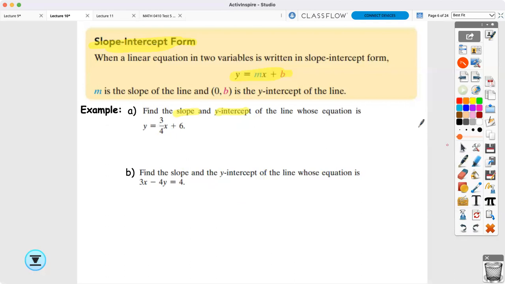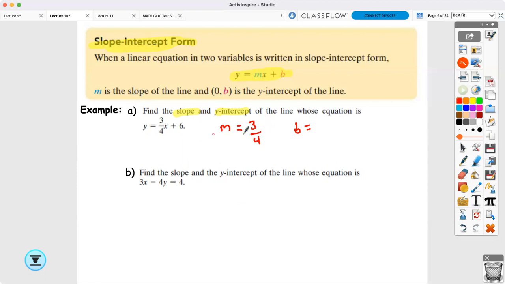Now, if it's in slope intercept form, y equals, it's a lot easier. Look at A, y equals 3/4x plus 6. This is in slope intercept form, making it much easier. So we just need to write what m equals and what b equals. And we know m is next to x, so 3/4 x, so m is equal to 3/4, not 3/4 x.